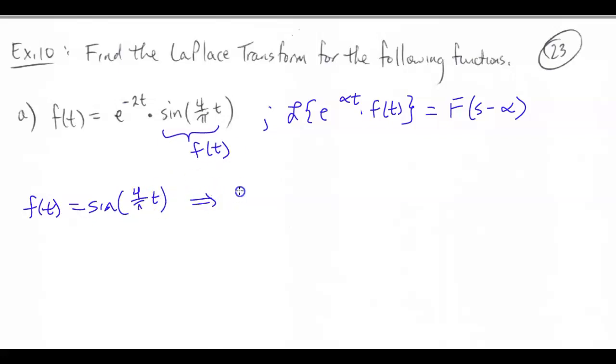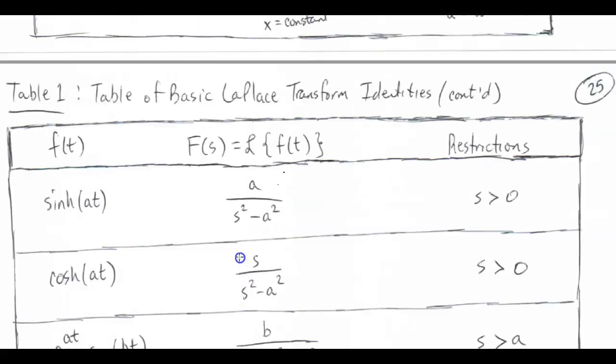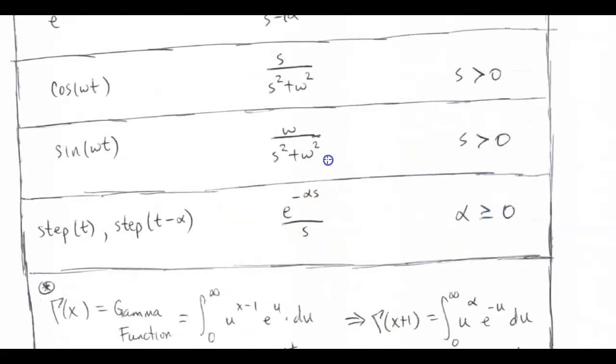So that means, what is going to be the Laplace transform of sine of 4 divided by pi times t? Again, we'll look here. We see that for sine, it's just omega divided by s squared plus omega squared.